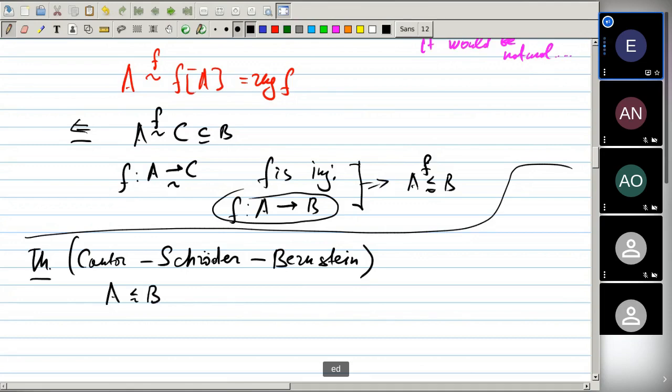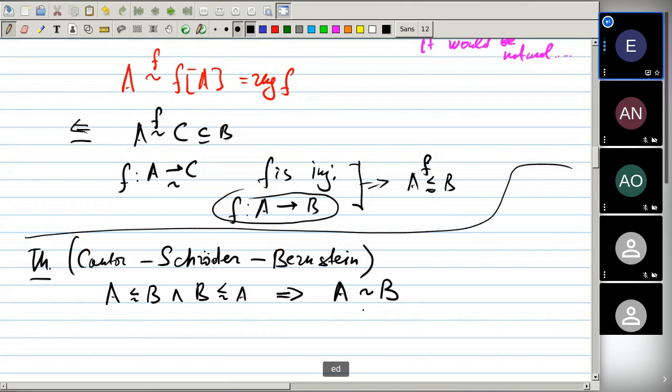If there is an injection, an embedding from A to B, and if there is an embedding from B to A, two embeddings which are probably not related to each other, then necessarily there is a bijection between A and B. Is it clear? Yes.